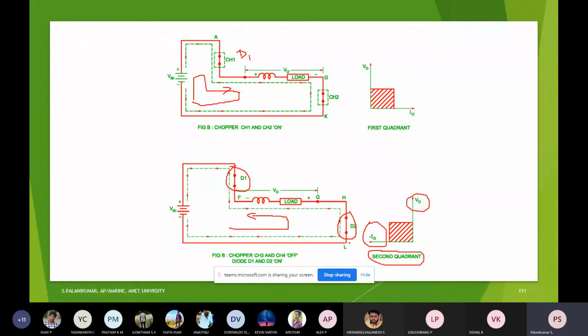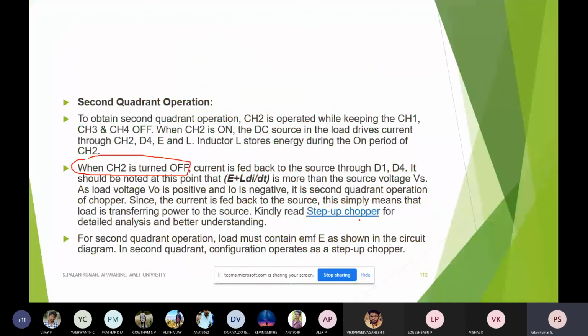In the case of D2, when CH2 is off and D2 is on, because of the energy stored here, it starts pumping the current in the opposite direction. In order to dissipate the stored energy, the current flows in the opposite direction, so automatically the current direction is changed. That is how we facilitate the second quadrant operation.